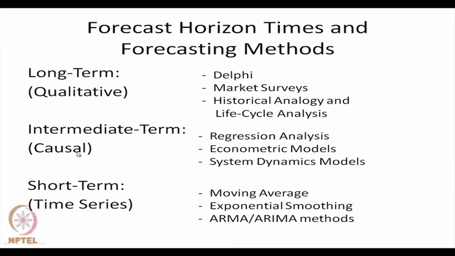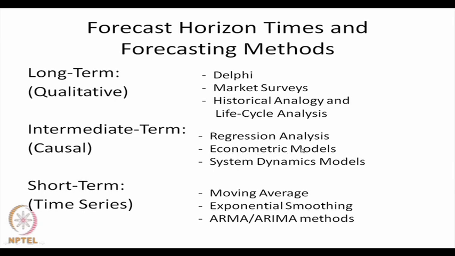Intermediate term forecasting methods are usually cause effect based, and there are different types of methods. One is single equation methods, normally known as regression methods, and there can be multiple equations.